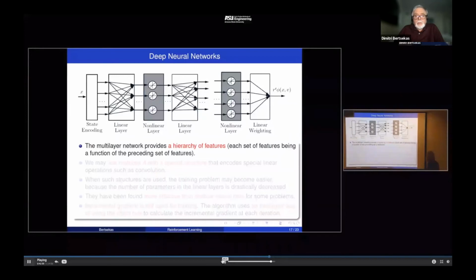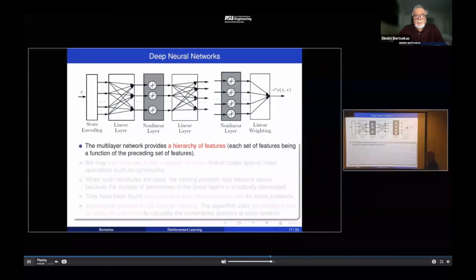Why is this true? Well, people don't quite understand, but people speculate about why deep neural networks may perform better. They don't always perform better, but you may try them and you may find great improvement. Well, a multi-layer network provides a hierarchy of features. Instead of just single features at the end of the first nonlinear layer, it gets a set of features here, which is used as inputs to produce a new set of features, and then a new set of features.